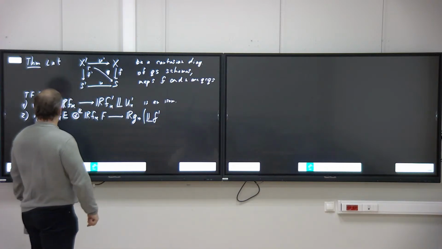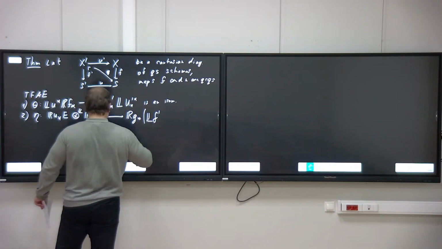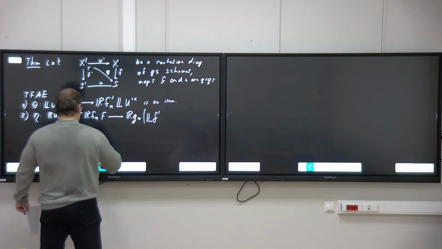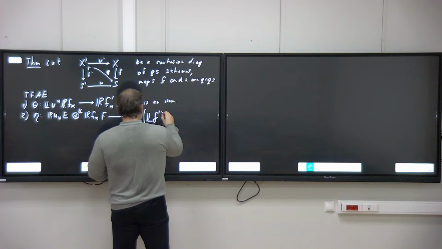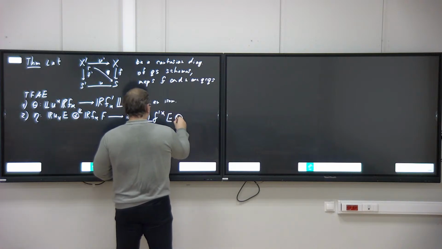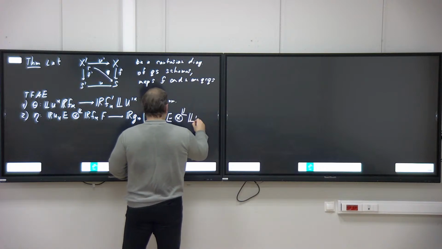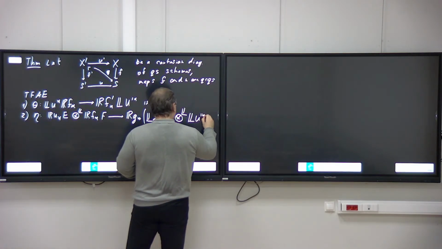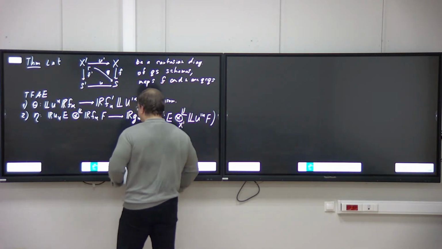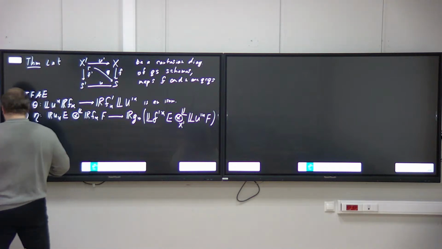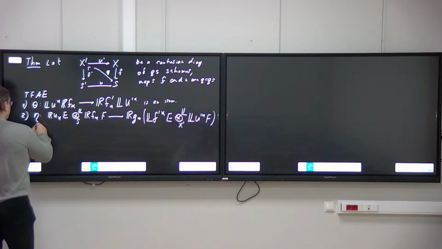Yes, E prime should be upper star, not lower star. Here, right? Yeah, okay. So here take a tensor product of the pullback by f prime of E, tensor product with the pullback along the u prime of F. So this map also is an isomorphism.